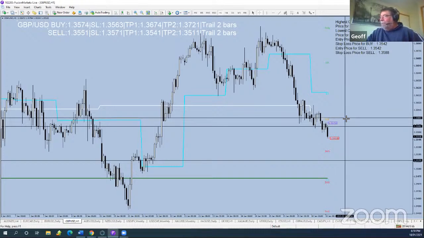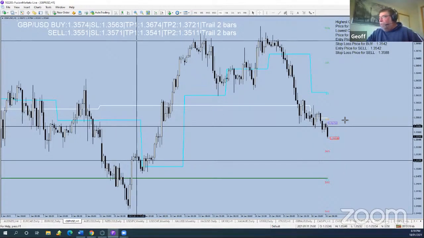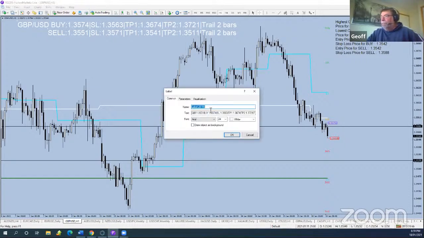So I'll allow that to happen. 1.3579 will be TP1. And TP2, that's half our risk, of course, and TP2 will be double our risk, which will be 22 pips, and 1.3596 becomes our TP2.